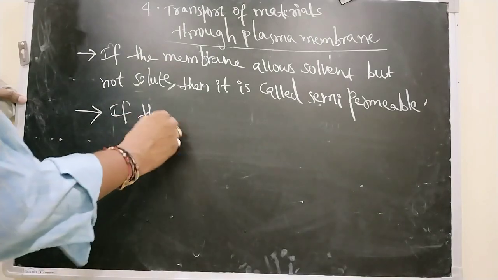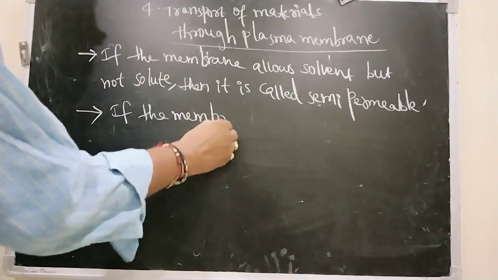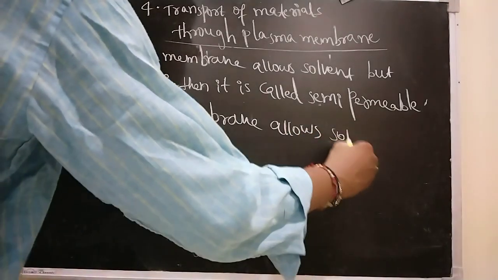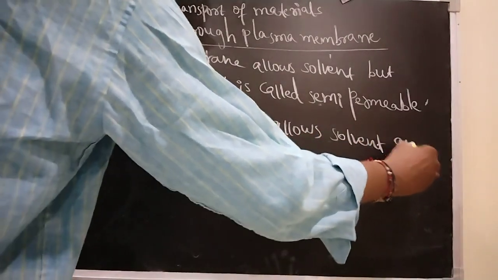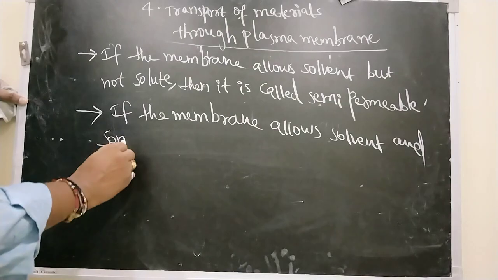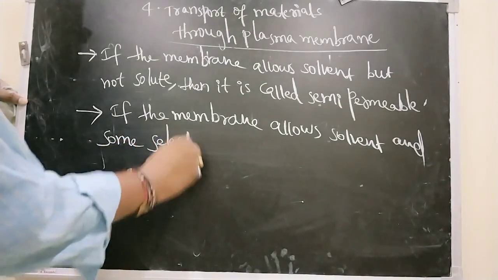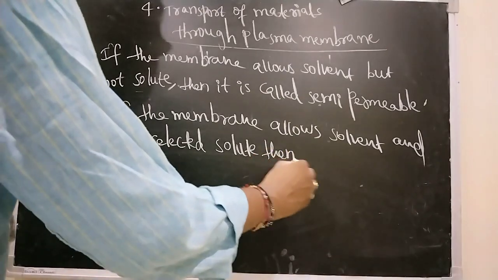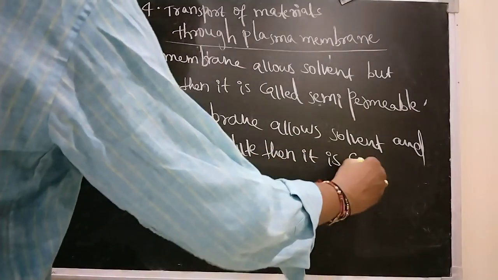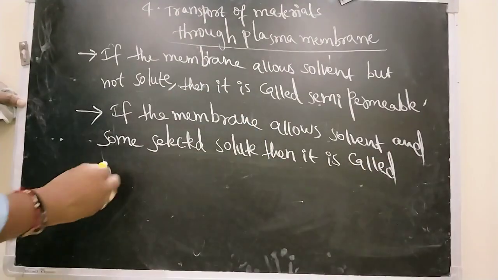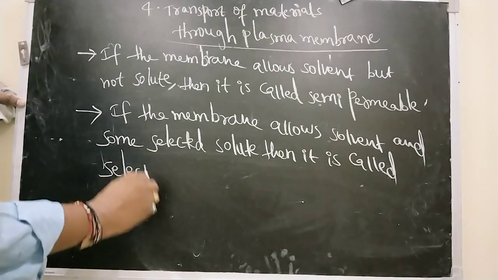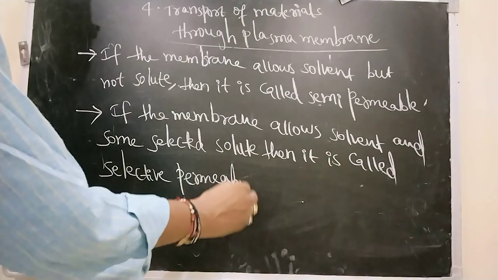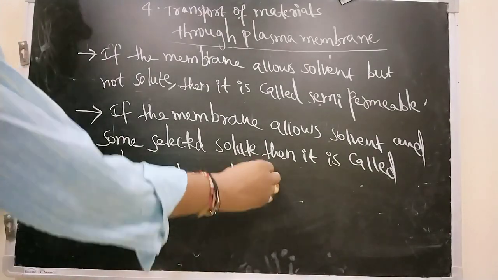If the membrane allows solvent and some selected solutes, then the membrane is said to have selective permeability.